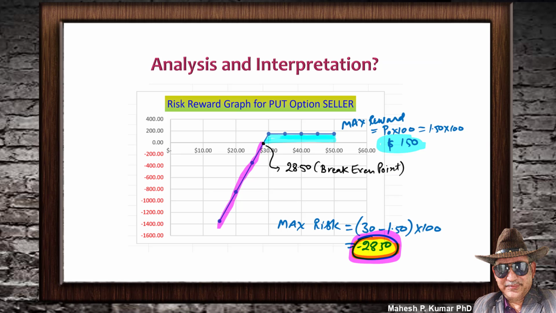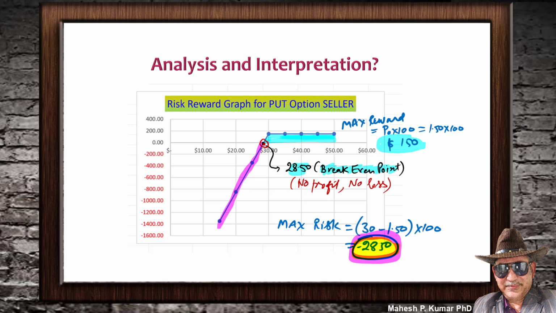So this is clear from this graph. Here we see that, and at this point, as a put option seller, you have no profit, no loss.